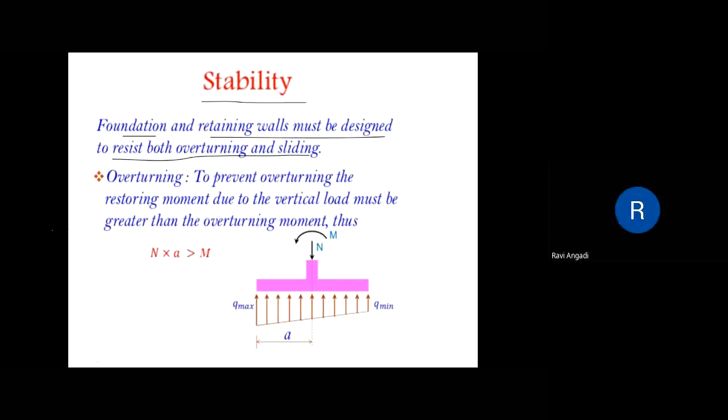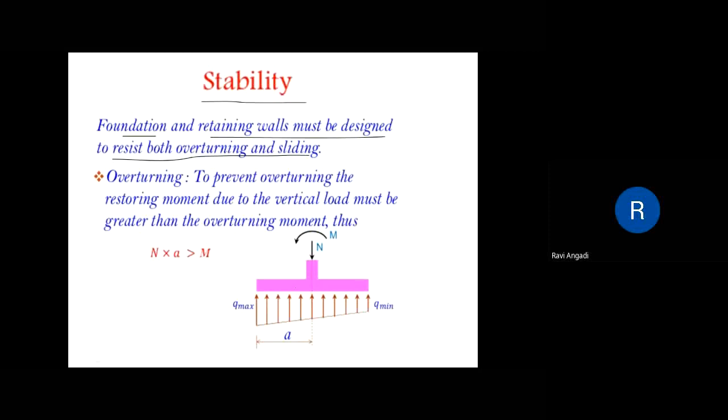So many a time, whenever the load is not axially acting or not passing through the center, if it is acting eccentrically instead of concentrically, then there is a chance of the footing overturning.